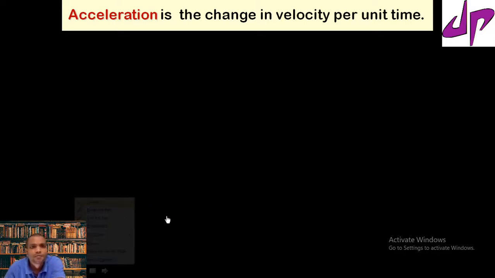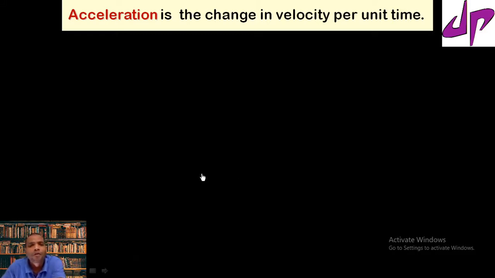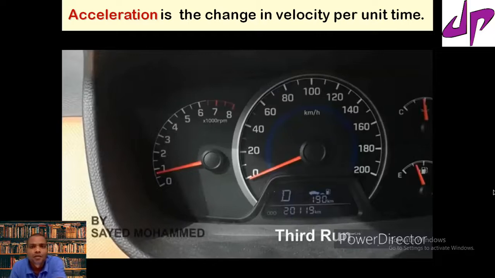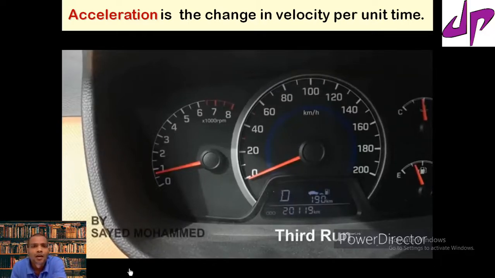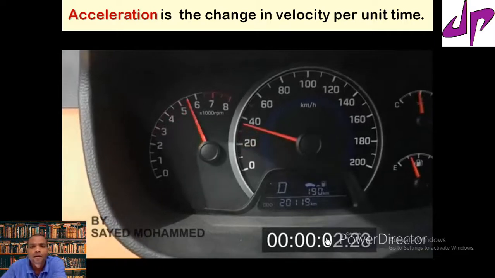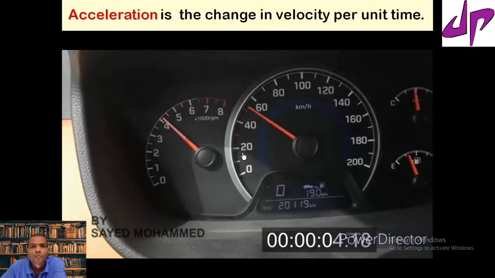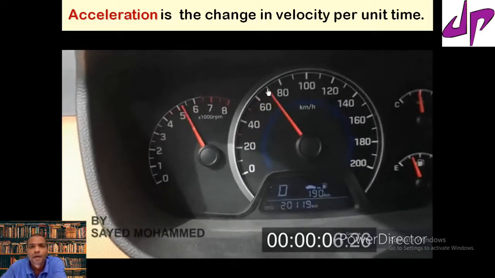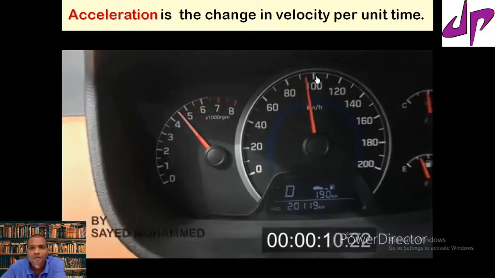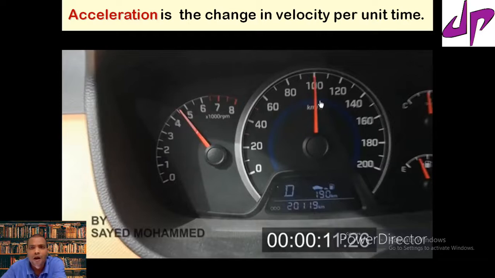Let's see how a car's velocity changes. Initially, the car is at 0. Now, as time increases, the car picks up speed, up to a maximum of 100 km per hour.